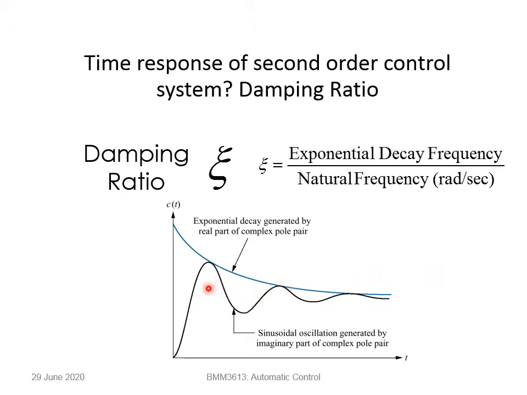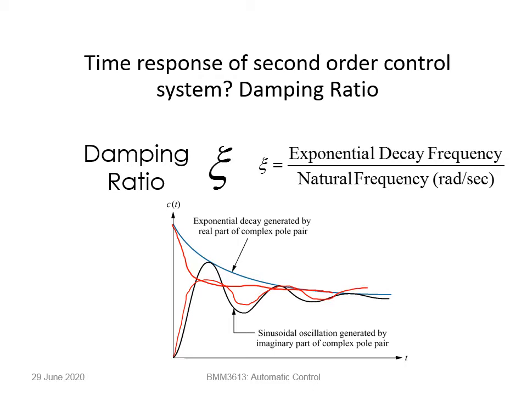Instead of having, for example, this blue line here, the decay will be much quicker and much harder. So it will decay a lot quicker, and your time response will look like this. It has less overshoot compared to the one here.